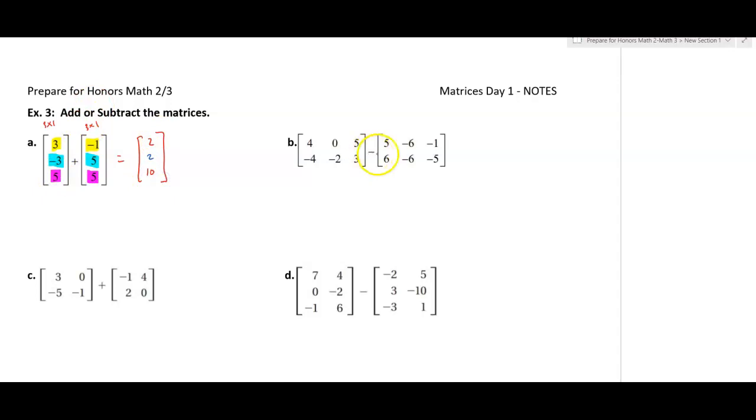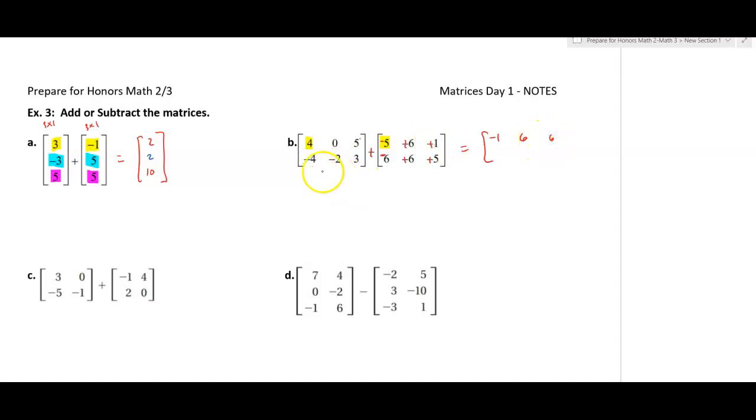Letter B. Since we're subtracting these, I'm going to switch that to addition. Then I'm going to switch these signs. Positives become negative, negatives become positive. Because when I subtract the negative, it's the same as adding. So now all I'm going to do is add the corresponding elements. 4 plus negative 5 will give you negative 1. 0 plus 6 is 6. 5 plus 1 is 6.